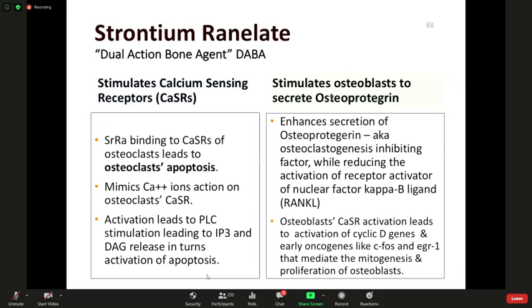And on the other hand, it stimulates the osteoblast to secrete osteoprotegerin, which inhibits osteoclastogenesis, or the so-called osteoclastogenesis inhibiting factor, while on the other hand, reducing the activation of the RANK ligand. So both siya, bone forming or anabolic as well as anti-resorptive.